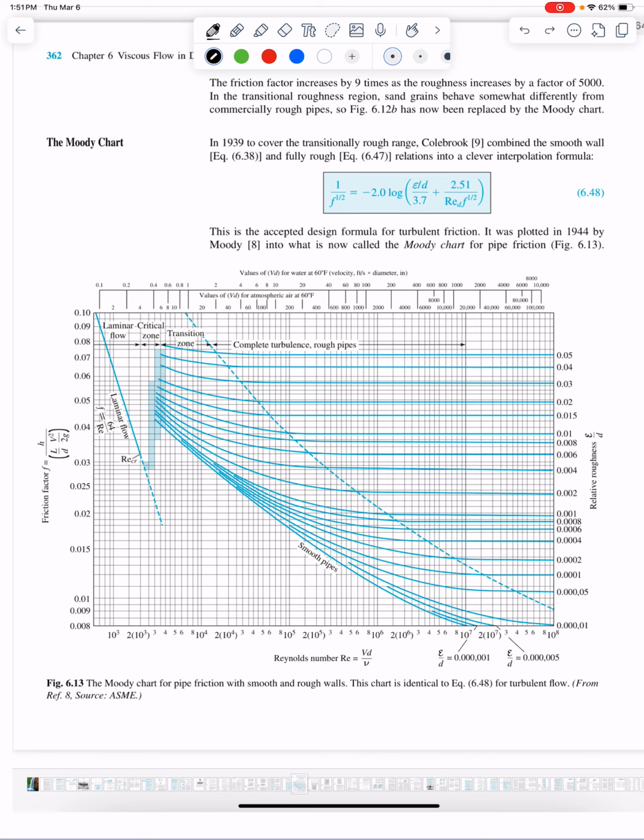I should have said that first, actually. F is the friction factor, how much friction would occur over a section of pipe. So once again, lower pipe roughness means lower friction, and faster flows or low viscosity flows result in lower friction factors.